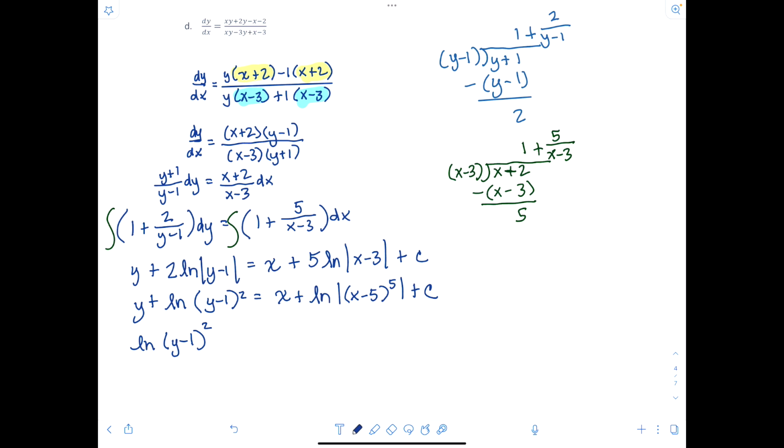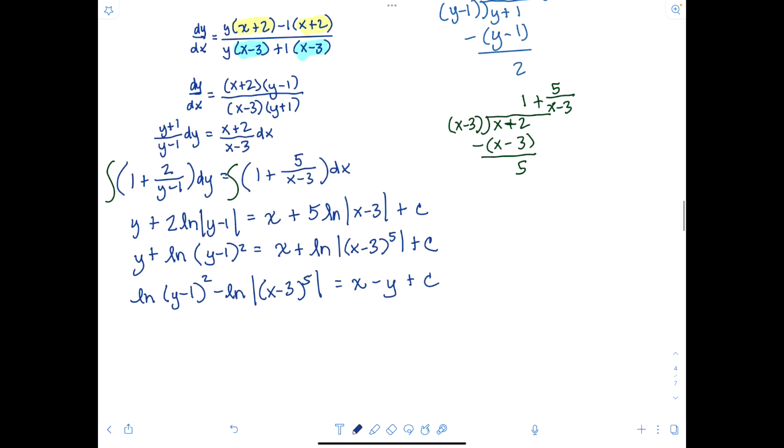And then minus natural log absolute quantity x minus 3 to the 5th, oops, sorry, this should be a 3, equals x minus y plus c.